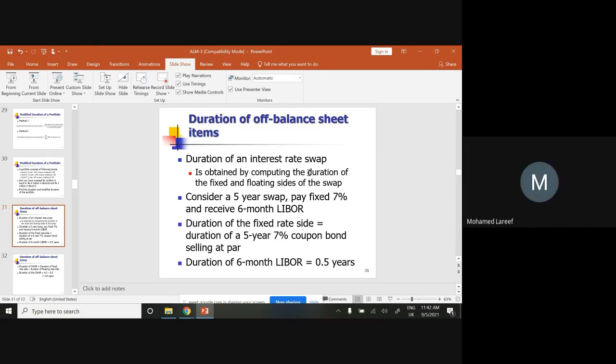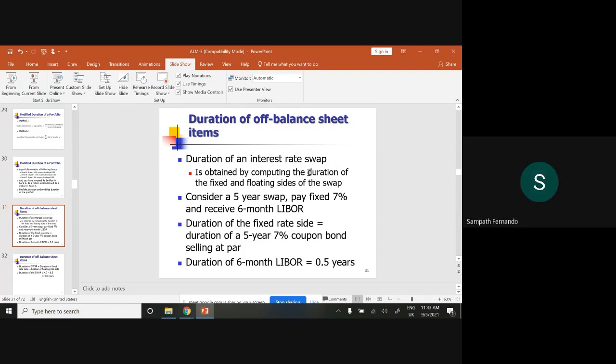The floating to fixed and the fixed to floating, like that. Yeah, so if I enter into a floating to fixed interest rate swap, what am I trying to say? I pay floating and get fixed. No, I want to move from floating to fixed.